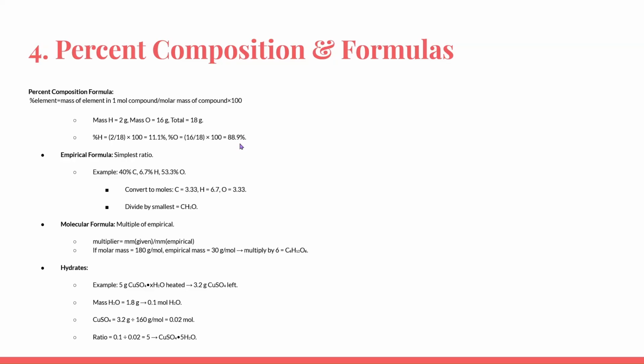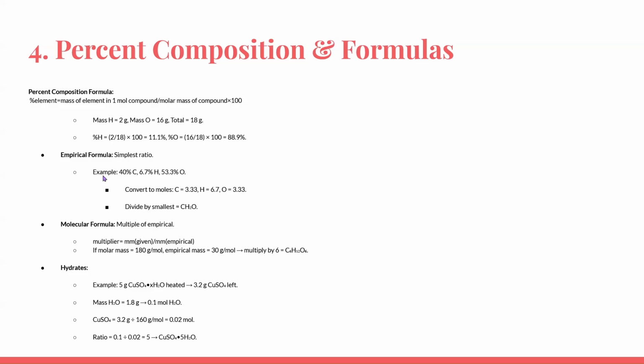Then we have empirical formula, simplest ratio. The empirical formula is the simplest ratio of elements in a compound. The example would be 40% carbon, 6.7% hydrogen, and then 53.3% oxygen. So convert to moles.